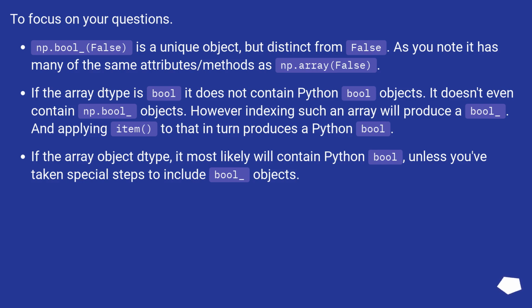It doesn't even contain np.bool_ objects. However, indexing such an array will produce a bool_. And applying item to that in turn produces a Python bool. If the array is object type, it most likely will contain Python bools, unless you've taken special steps to include bool_ objects.